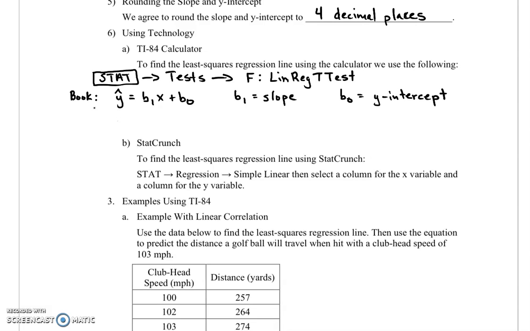In the calculator, the output tells us that y equals a plus bx. So in the calculator, b is the slope and a is the y-intercept.